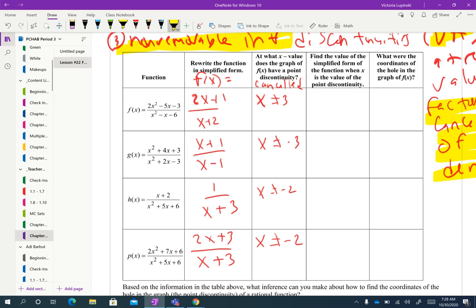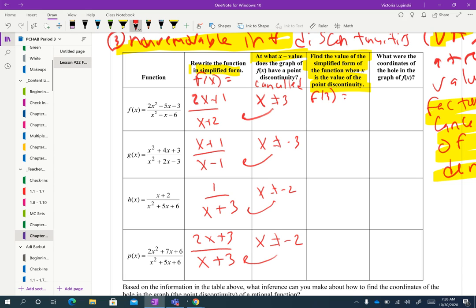So now that you have identified what the simplified form is, now that you are 100% sure at what value of x there is a discontinuity, you're going to find the value of the simplified form for that x value. That means you're going to take your simplified version, which is here in the second column, and plug in the values from the column next to it. So you are essentially finding f of 3.